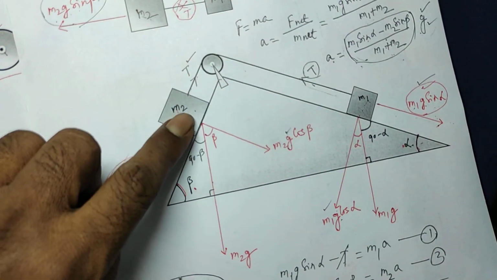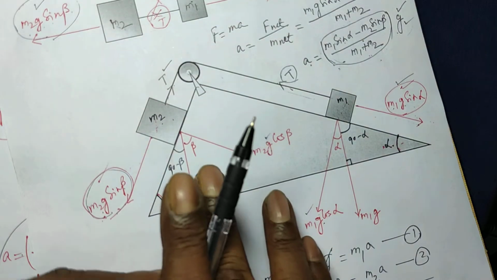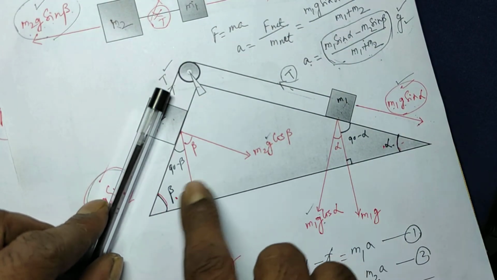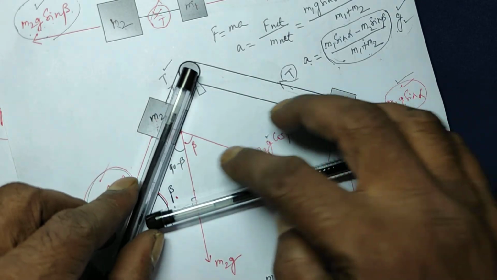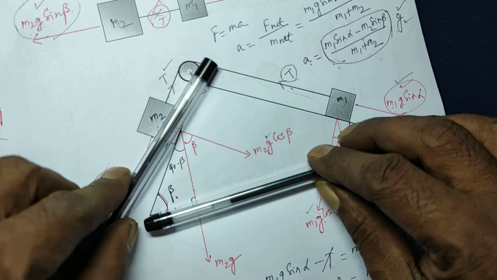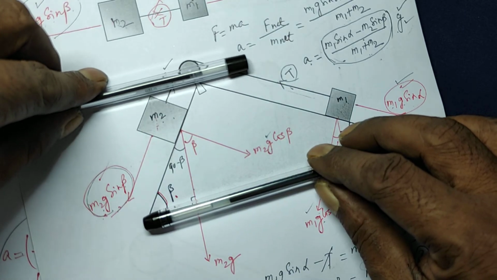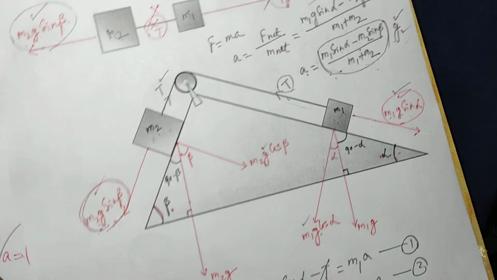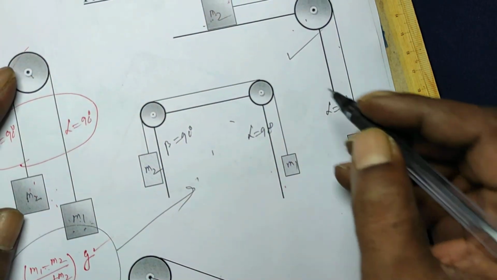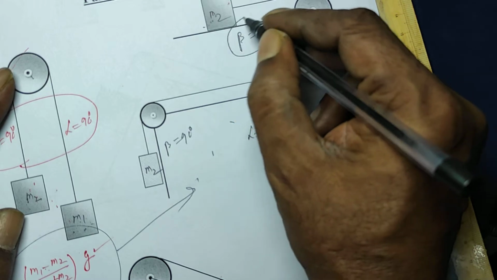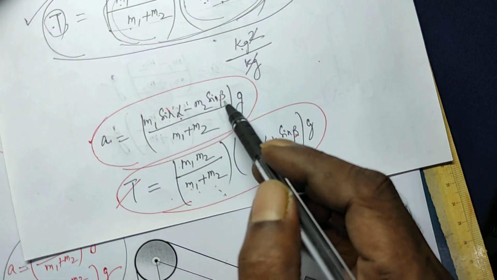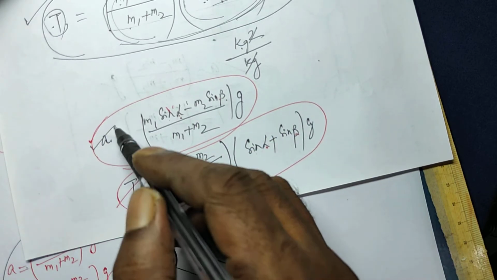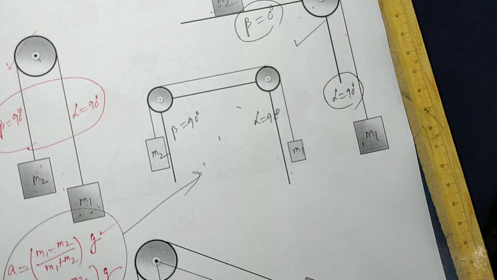Look, if this M2 is made horizontal, when it is hanging, it is making angle beta here. If it is horizontal, then there is no angle, we have two parallel lines. So for this system, put alpha equal to 90 and beta equal to 0 degree in this expression, to have the value of A and tension for this system.